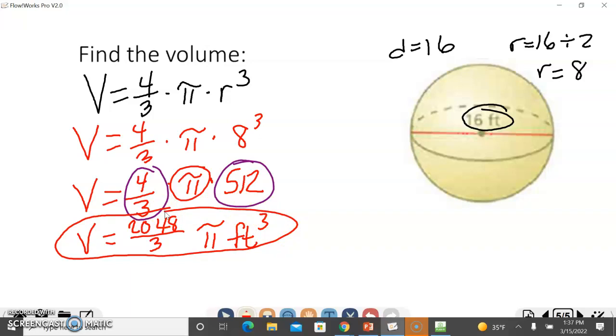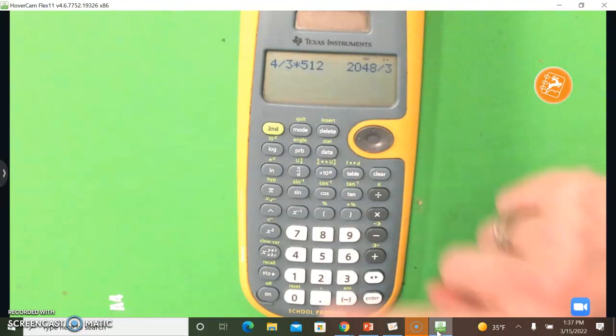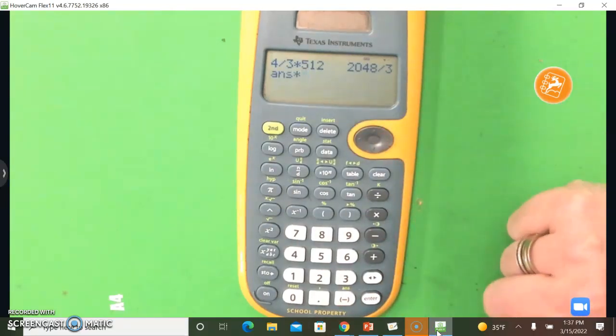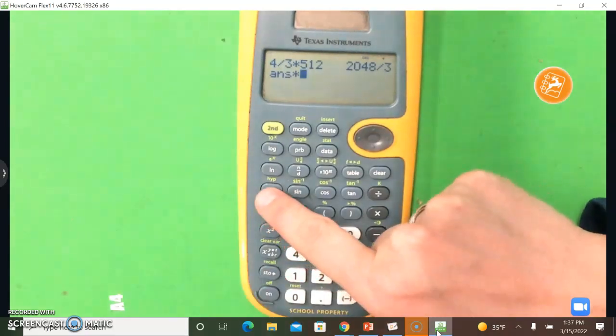But if we want to solve it all the way out and get rid of that pi, then we have to multiply that 2,048 thirds times pi so that we can get our approximate value for our volume. So we're going to take that 2,048 thirds, that's our answer, and we're going to multiply that by pi.